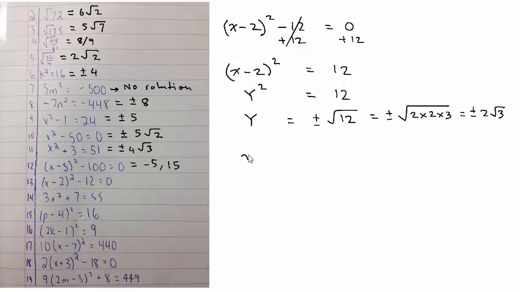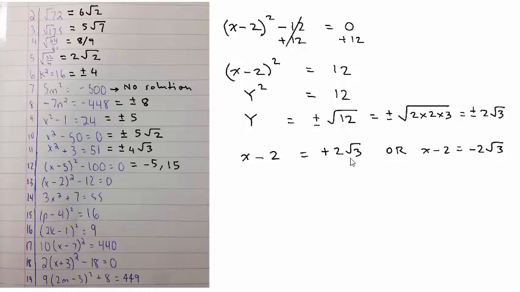So we have x minus 2 is equal to either plus 2 square root of 3, or x minus 2 is equal to negative 2 square root of 3. So probably this is how I should have broken down the previous problem when I did that negative 5 and 15. But this is what it means. Plus or minus 2 square root of 3 means either this or this.